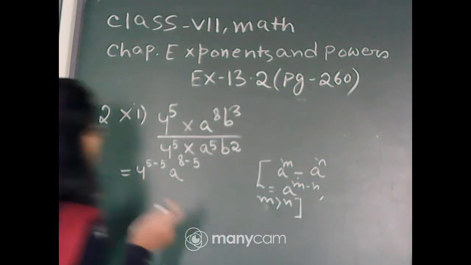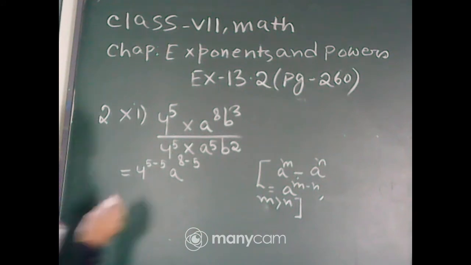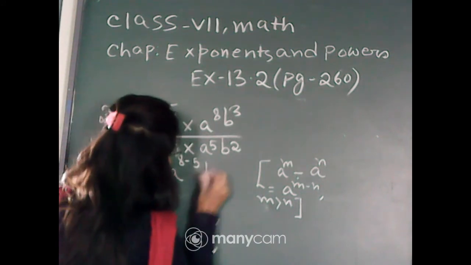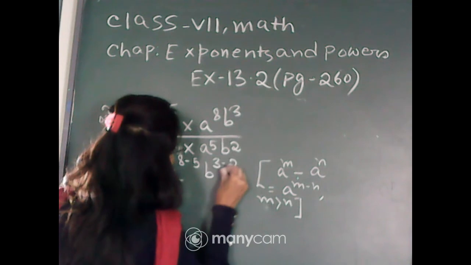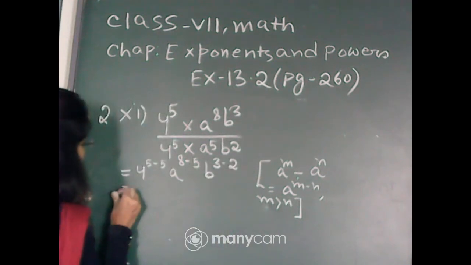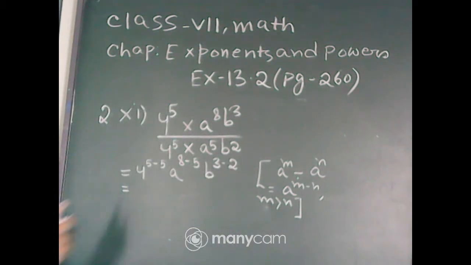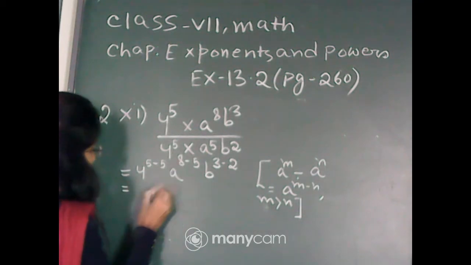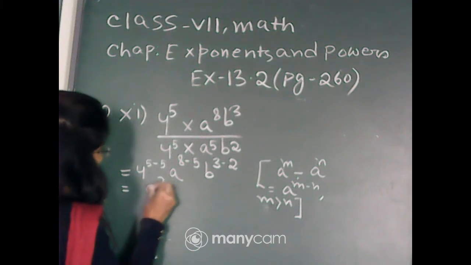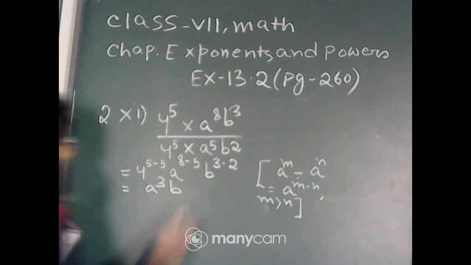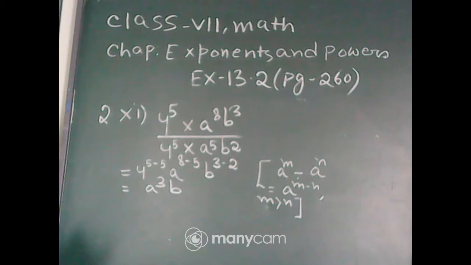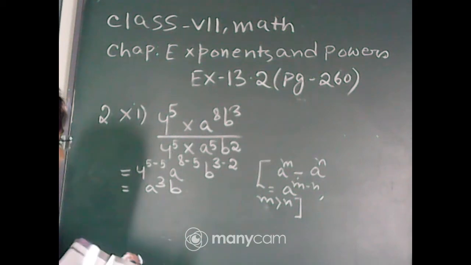So, b cube divided by b square is equal to b to the power 3 minus 2, clear. Now, 4 to the power 0, any number to the power 0 is equal to 1. Here 4 is a non-zero integer, so this is 1. So, the final answer is a cube b.